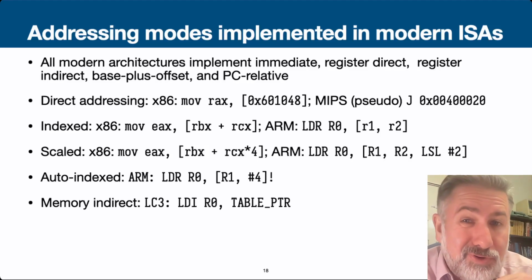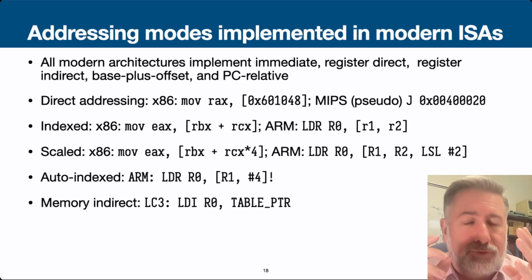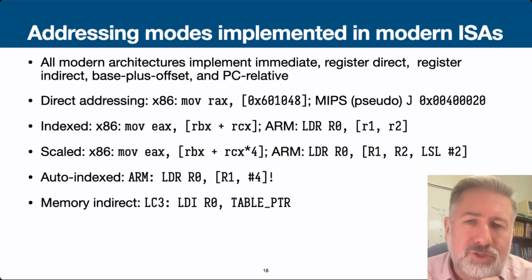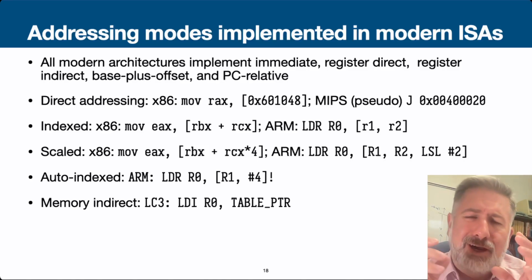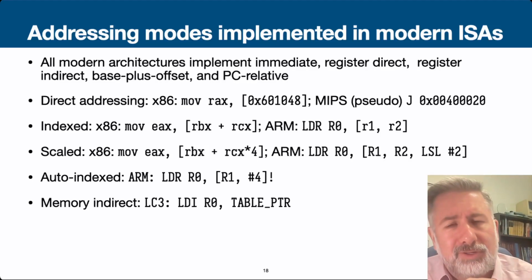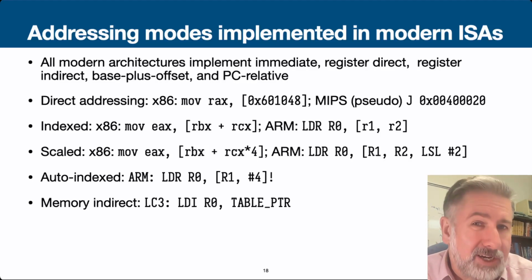They call it pseudo direct addressing, where you take most of the size of the instruction and then put together a memory address. You do this by assuming, first of all, that memory addresses for instructions are word aligned.